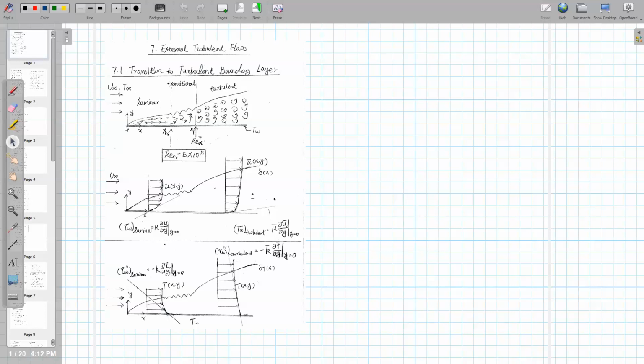If we calculate the local Reynolds number, it is proportional to the x coordinate: rho u infinity x divided by mu, and as x increases, the Reynolds number increases.